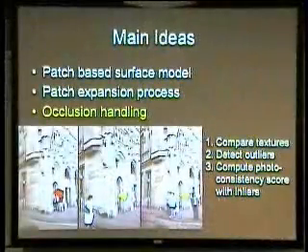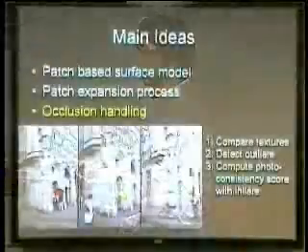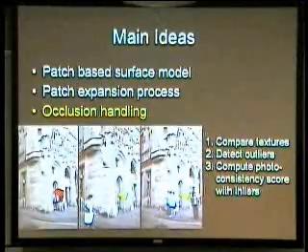Well, these two look similar. So before computing photo consistency, we compare those image regions and detect outliers. There is some kind of hacky condition for deciding which one is an outlier or an inlier. This one looks different from all the others, so we ignore it. Then we compute photo consistency using only inliers. It's a really simple trick.